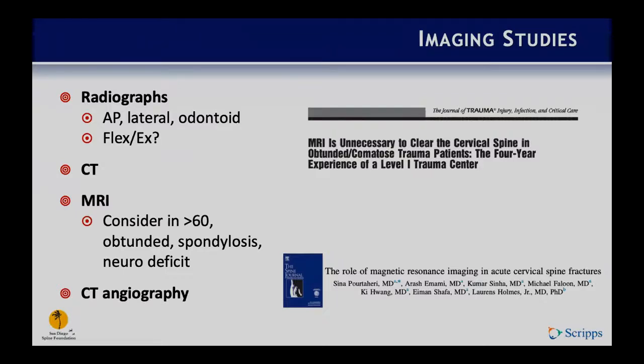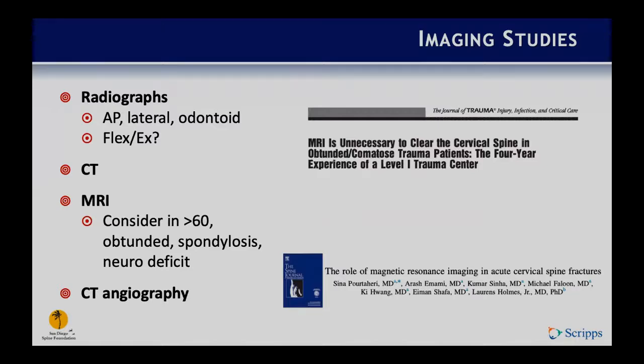A study recently done showed that 21% of patients with a normal CT had some findings on MRI. However, with a completely normal CT in that study, none of these injuries ended up requiring surgery or changing management at all.